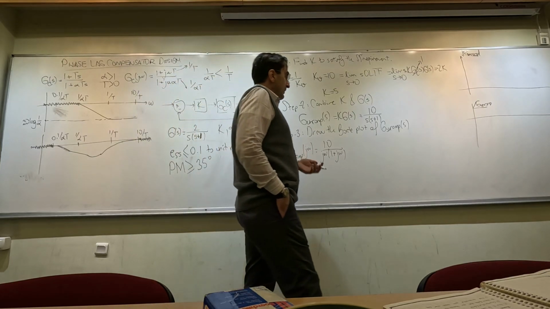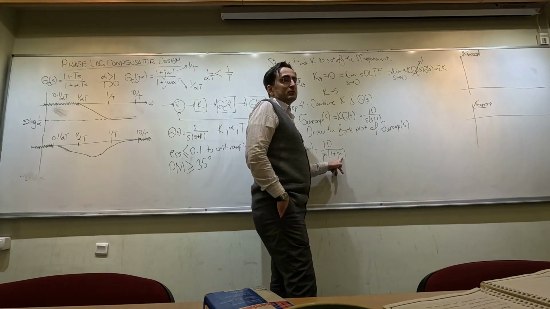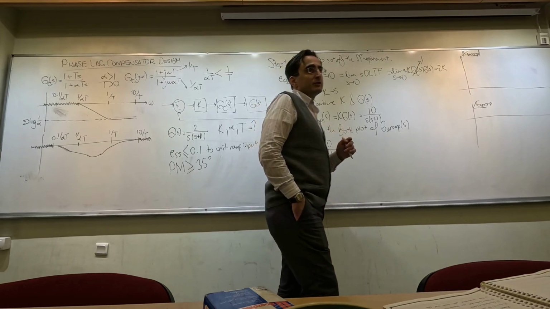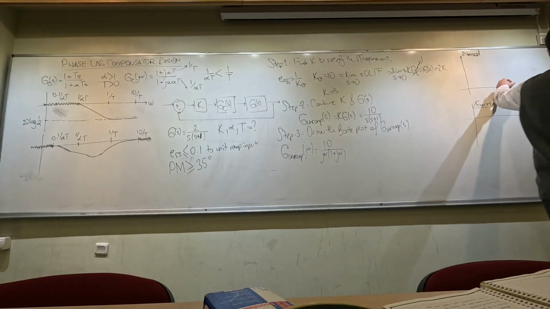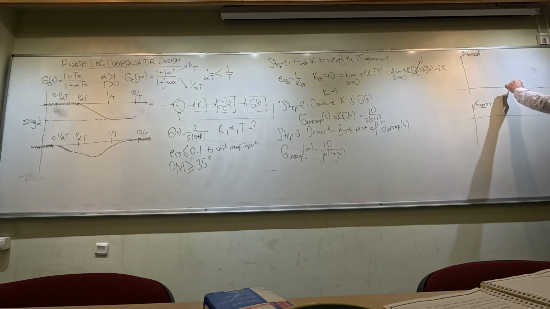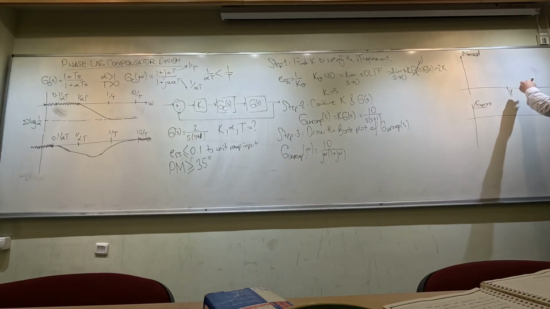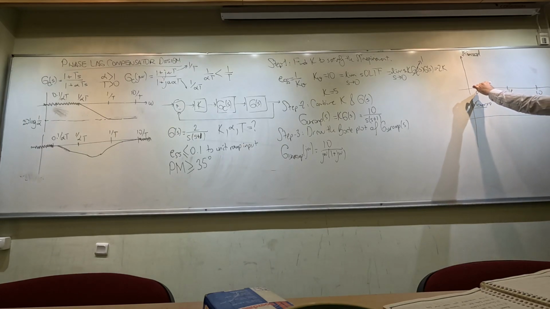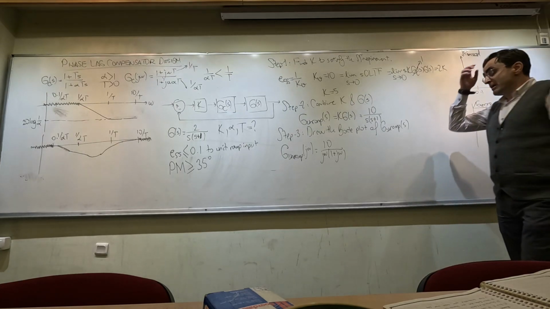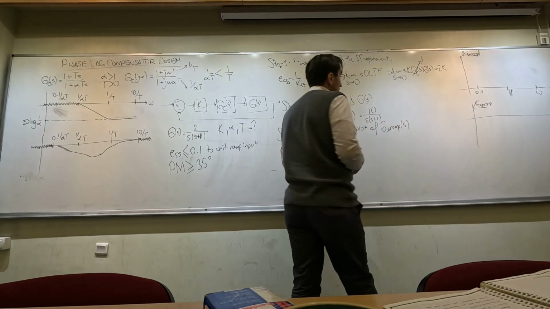And in this case, if I look at the corner frequencies, there is only one corner frequency, which is 1 radian per second. Okay? So let me say that this corner frequency is here, 1 radian per second, and I will have 10 radians and 0.1 radians per second here. Okay? So now let me look at the magnitude at low frequencies.